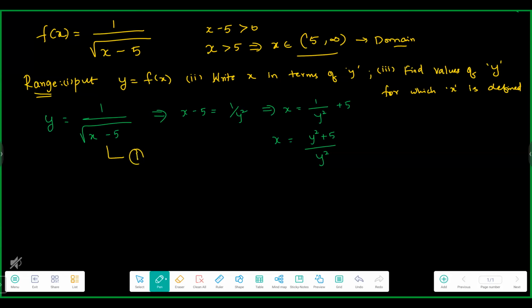So this is the first step, and this is the second step. What is the third step? Find the values of y for which x is defined. Meaning, I need to find the domain of this function. Why am I calling it a function? A function need not always be in the form y is equal to f of x.